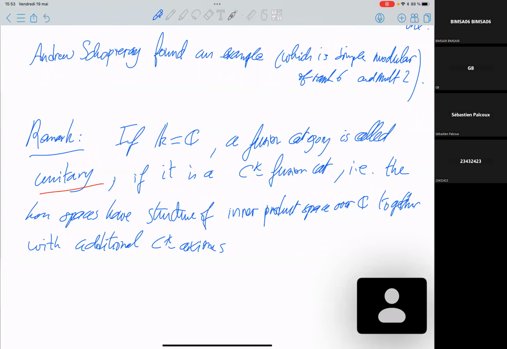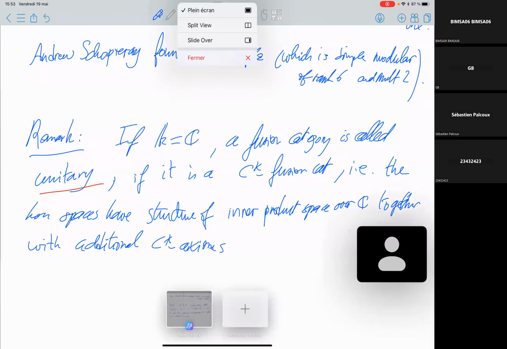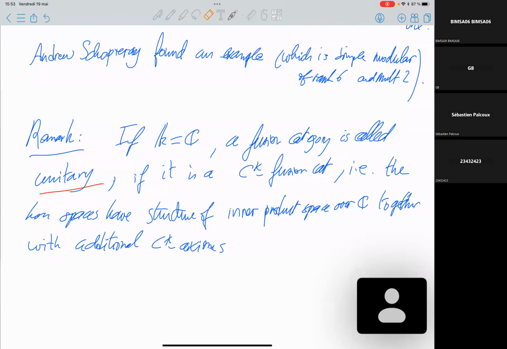In fact, it is not written in the book either. If you know what a C-star algebra is or something like that, you are trying to make some axioms for a fusion category looking like what you have for a C-star algebra. This gives the definition.